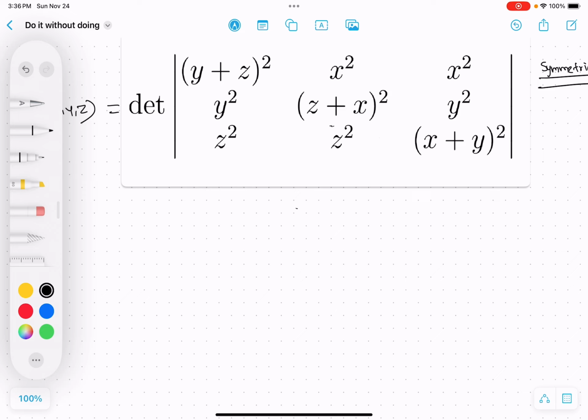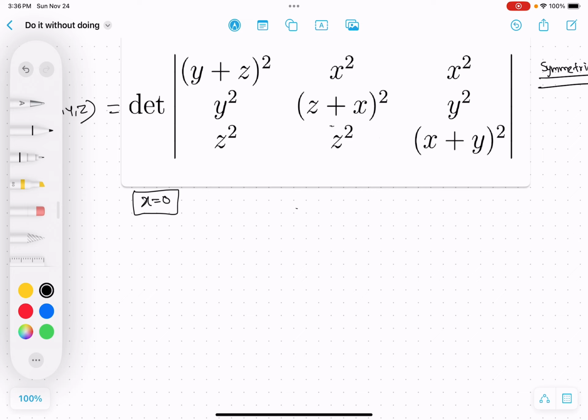The reason I'm doing this is, if you are able to find some factors of this determinant, let's say we get x as a factor, y as a factor, z as a factor, then we'll have some idea of how the expression will look, right? And that can help us solve it further.